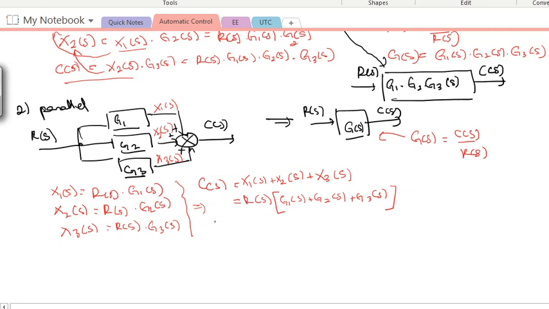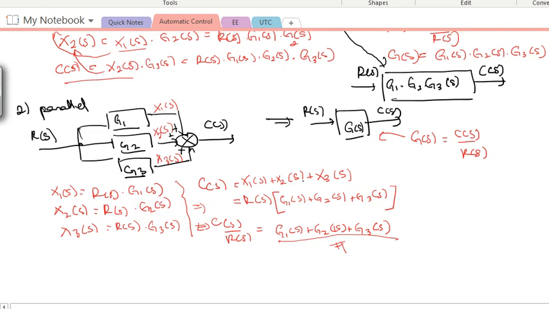And if we write CS over RS here, we can see that CS over RS is basically the sum of G1 plus G2 plus G3, right? So this is the simplified transfer function when you have only one block.